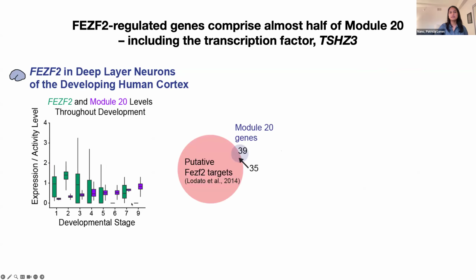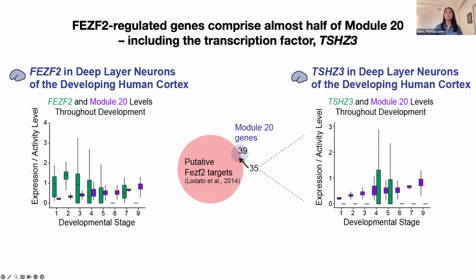However, half of Module 20 genes are indeed putative targets of the FESF2 transcription factor, including the only transcription factor in this module, TSHC3, which you can see here in green peaking in activity between the peak of Module 20 and FESF2 levels. Now, all of these different expression patterns, they're not actually conserved in the developing mouse brain.